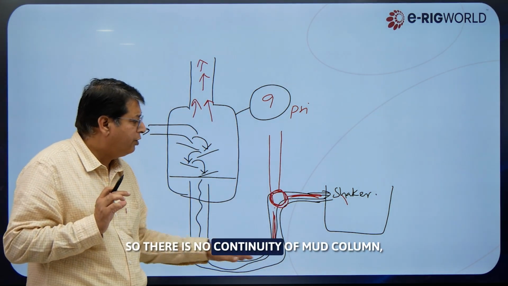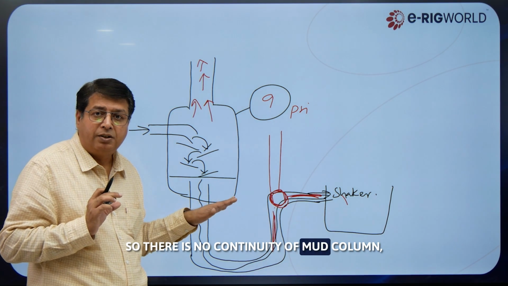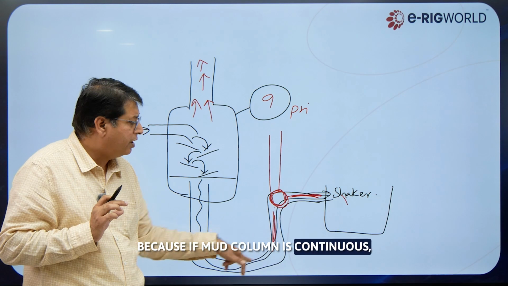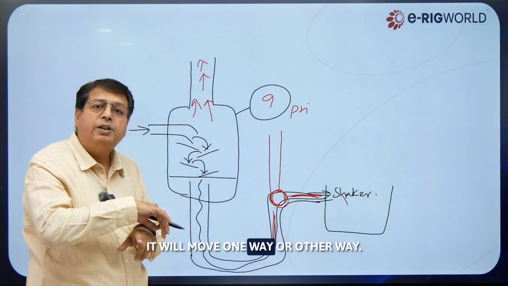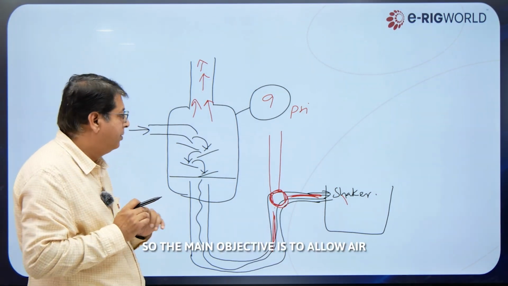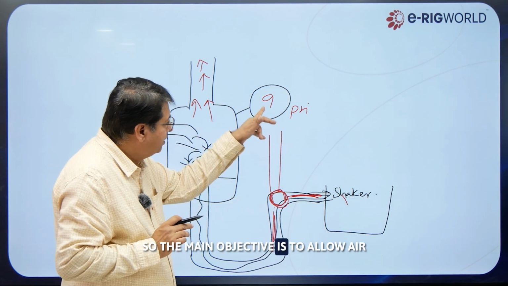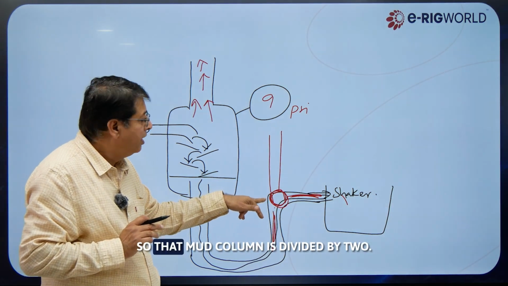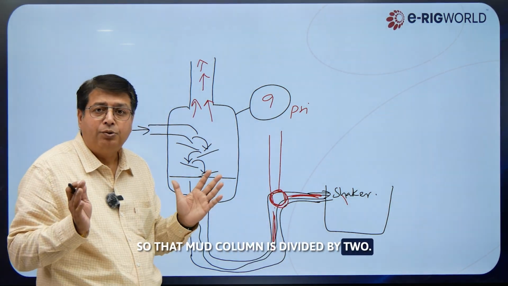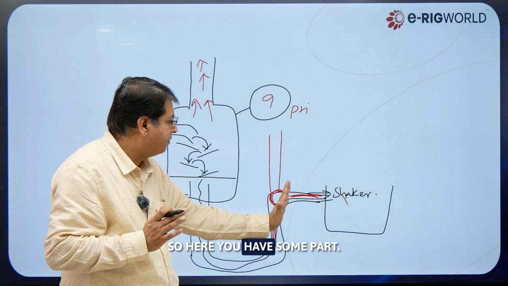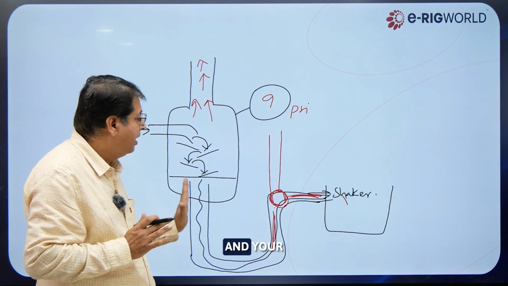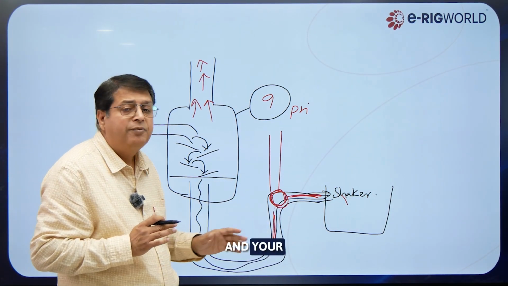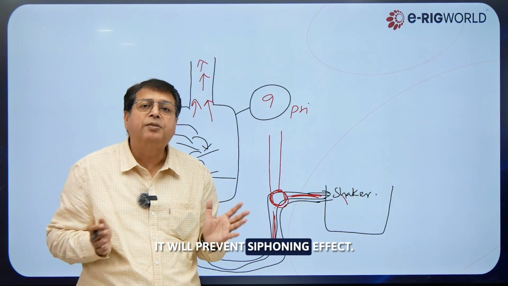So there is no continuity of mud column, because if the mud column is continuous, it will move one way or the other way. So the main objective is to allow air to make a vacuum over here, so that the mud column is divided in two. So here you have some part, here you have some part, and it will prevent the siphoning effect.